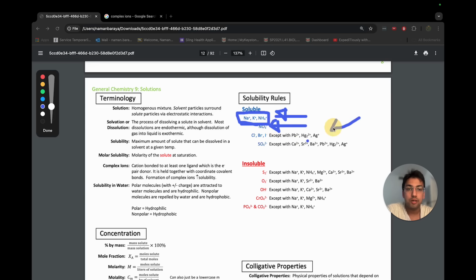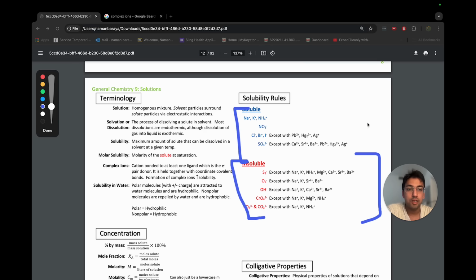Chloride, bromide, and iodide are always soluble except when they're with these three compounds. This is soluble except when it's with this. So just look at the periodic table and say, okay, this is soluble, this is soluble, this is soluble except when it's with this. I'll let you try to memorize these. This is really high yield, and I'm sure you were tested on this in chemistry class as well, so just try your best to memorize all of this.